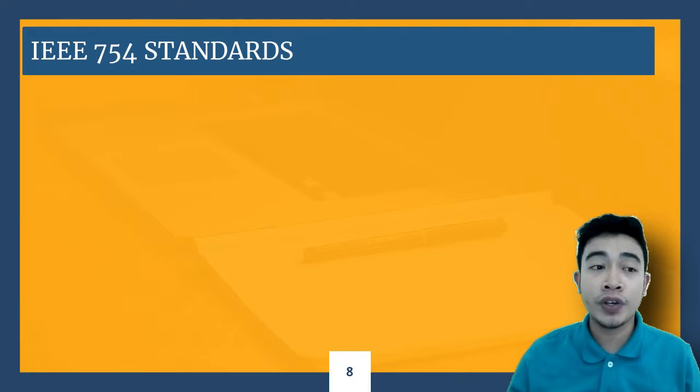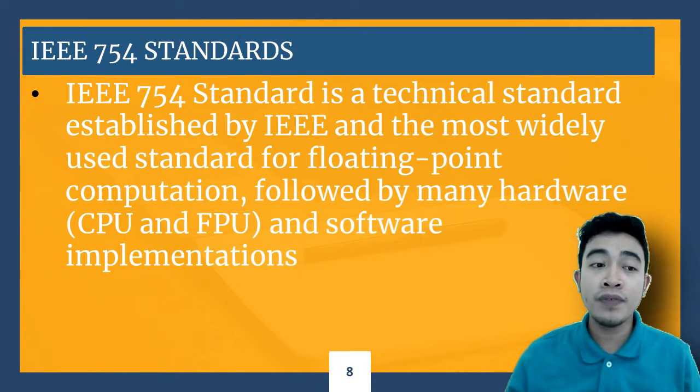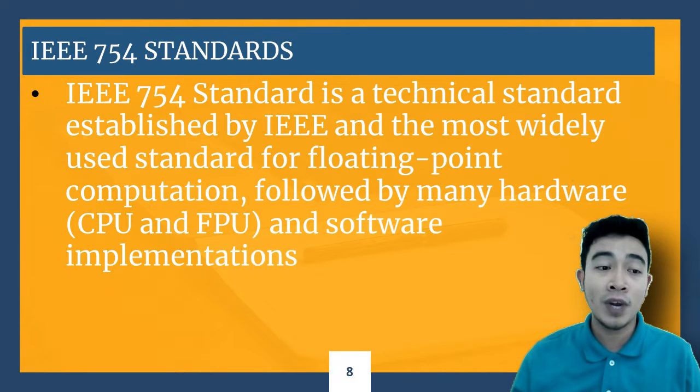IEEE 754 standard. The IEEE 754 standard is a technical standard established by IEEE and the most widely used standard for floating point computation, followed by many hardware, CPU and FPU, and software implementations. The IEEE 754 standard specifies a single precision number as having a sign bit which is of 1 bit length, an exponent with 8 bits, and a significand precision of 24 bits, of which 23 bits are explicitly stored and 1 bit is an implicit 1.